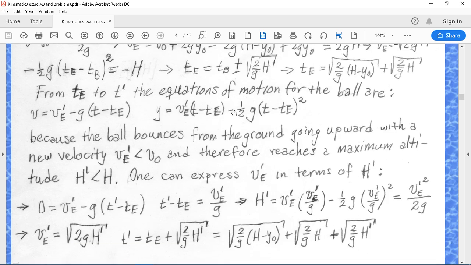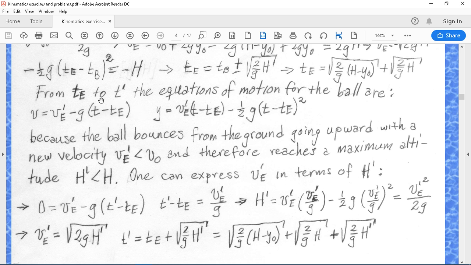Okay, so now we go to consider what happens after the ball bounces back from the ground. The equations for motion of the ball are for the velocity v equals ve prime minus g times t minus te.